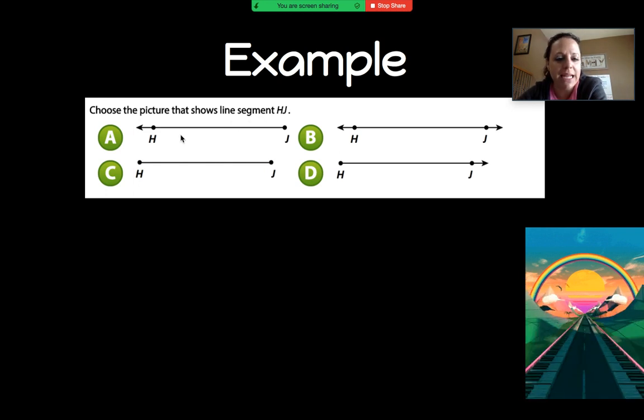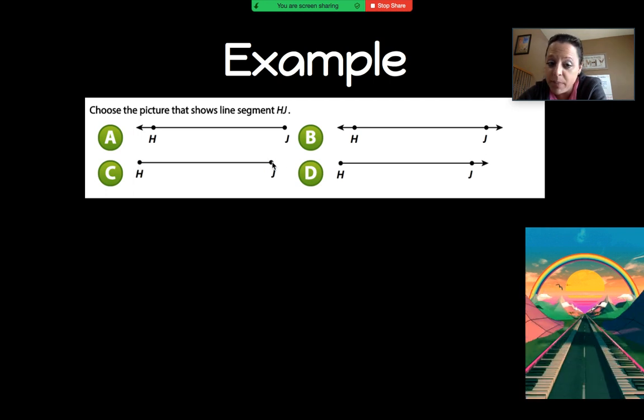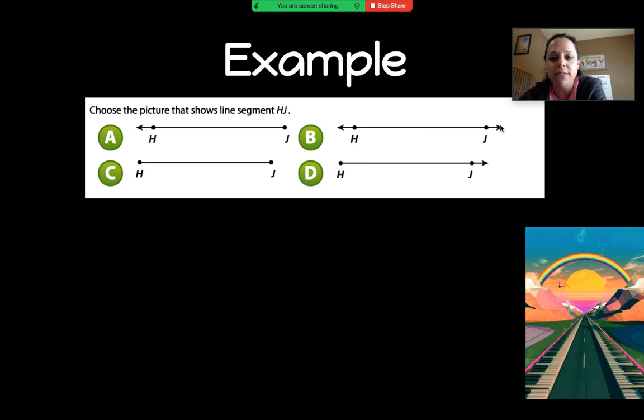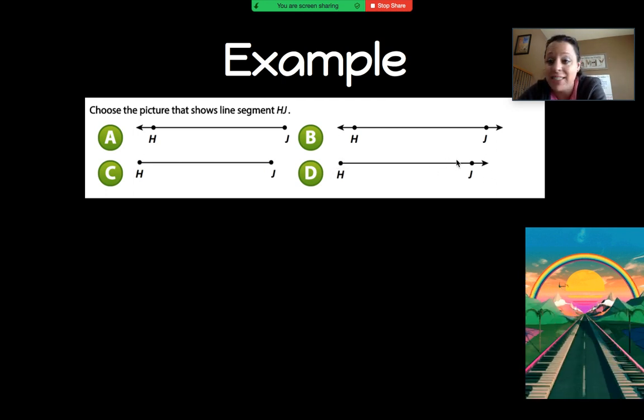So it can't be A. This one has an endpoint and an endpoint and no arrows. That could be our answer. But let's keep looking. This one has an arrow on both sides, so it's not a segment. It's just a line, so it can't be that one. This one only has 1 endpoint and 1 arrow, so that's not our segment.